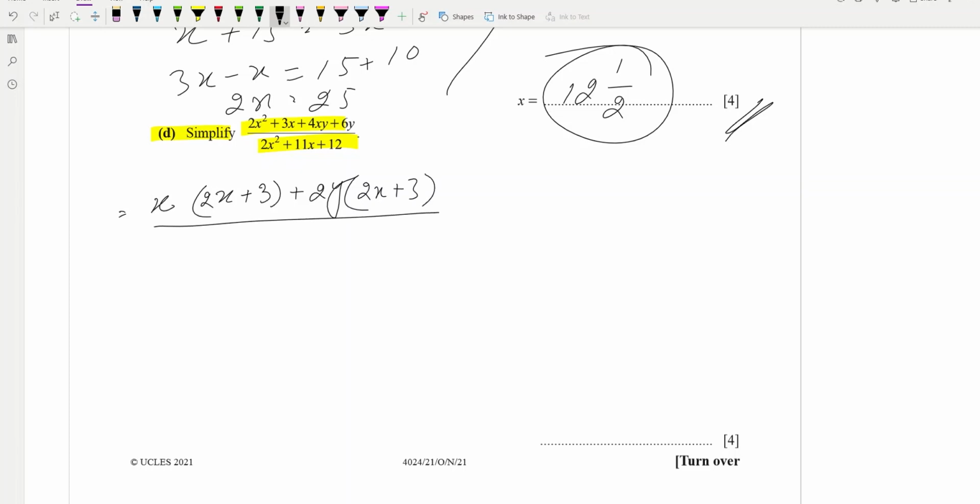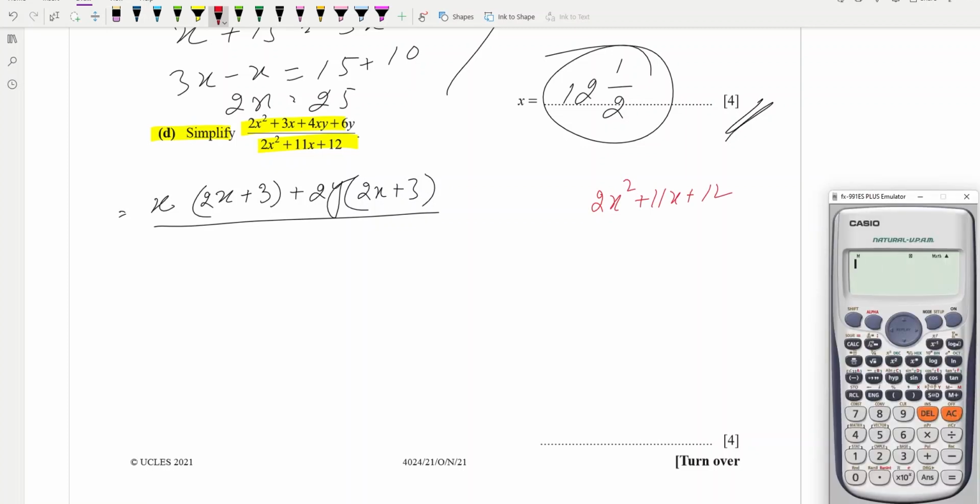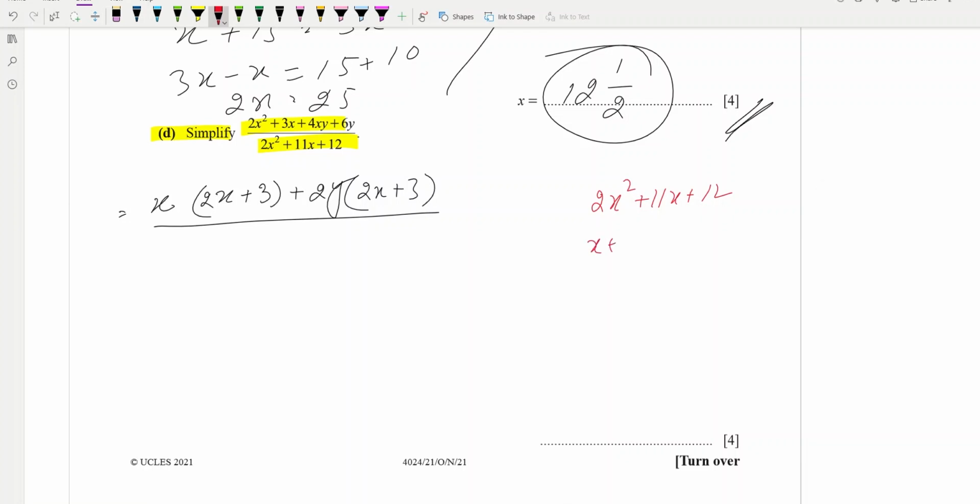The denominator we can factorize separately, which is 2x squared plus 11x plus 12, and we can use mode 5 3. The coefficient of x squared is 2, the coefficient of x is 11, and the constant value is 12, so this will result in minus 3 by 2 and minus 4, so x plus 4 and 2x plus 3. These will be the factors.